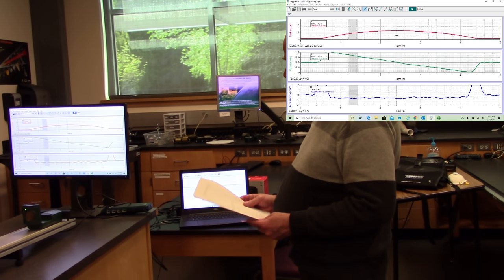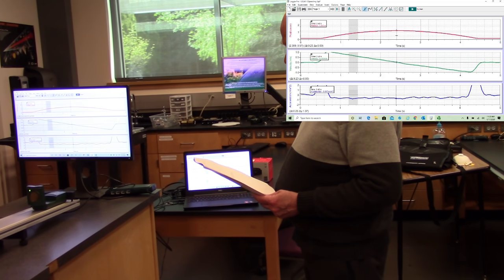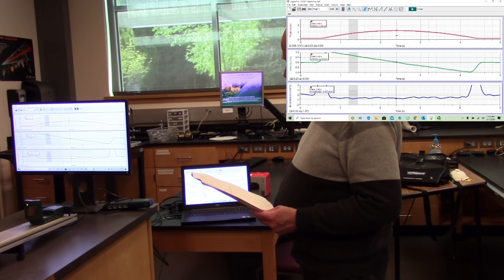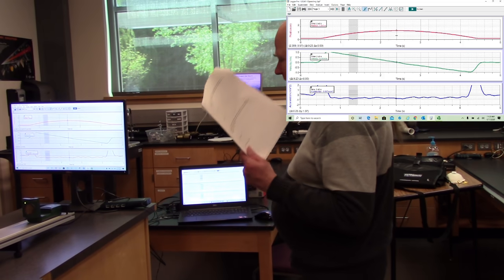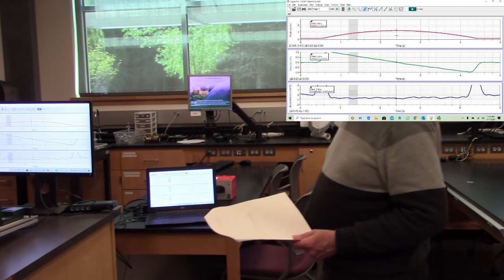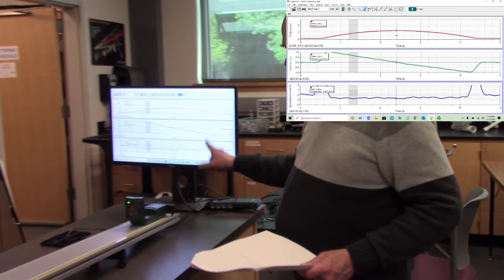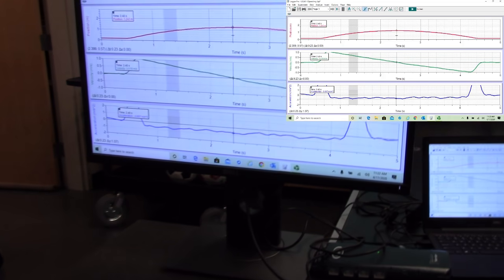Okay, so what features in each graph alone and within the region of interest show when the cart turns around? Okay, so here's the thing. If you're tempted to look at this graph and make reference to that graph, no, it's each graph alone.